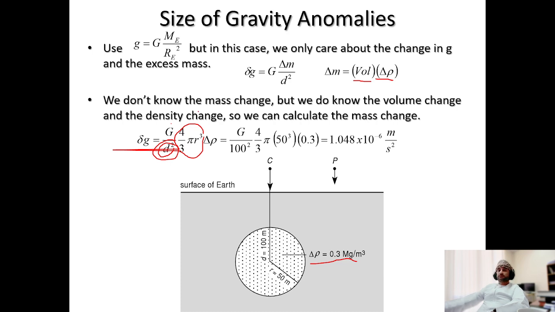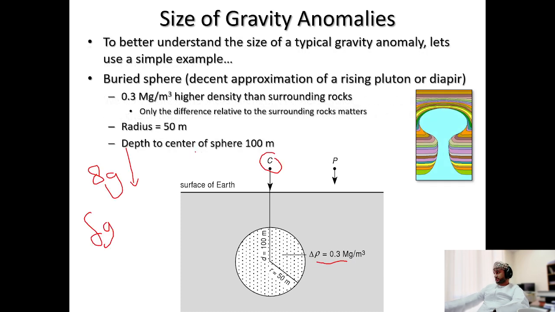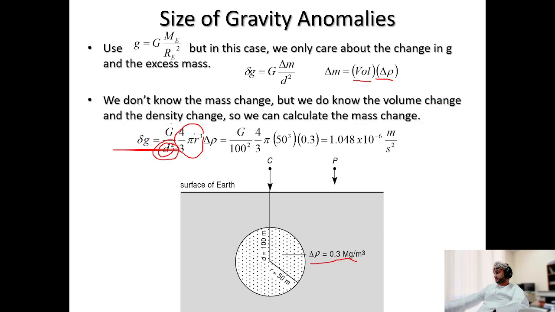We plug in the numbers we already know from the previous slides: the constant of gravity, the depth of the body, the radius, and the difference in density. That's the value we get.